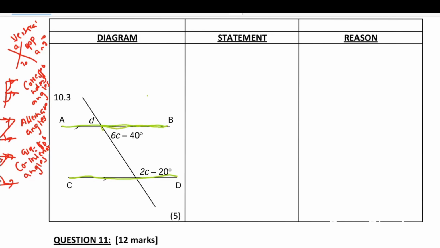Now we have a C shape. And I know that this one and this one add up to 180 degrees with the reason called co-interior angles, because AB is parallel to CD.